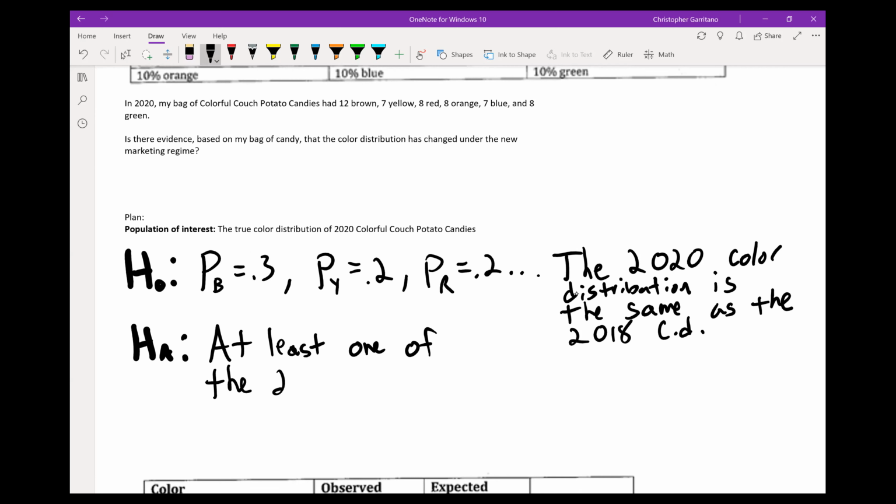At least one of the 2020 proportions is different than 2018. All right, so that's typically how it's done with the chi-squared test. Our hypotheses are written in words.